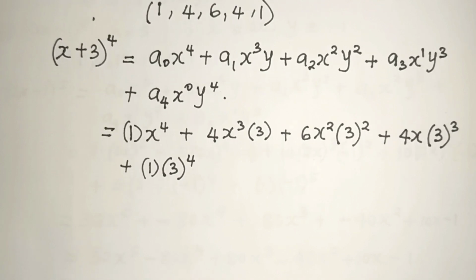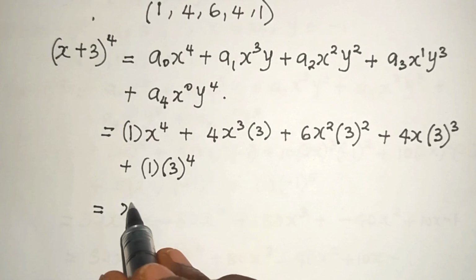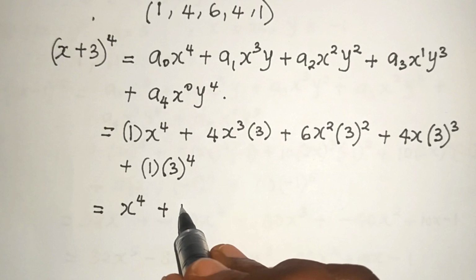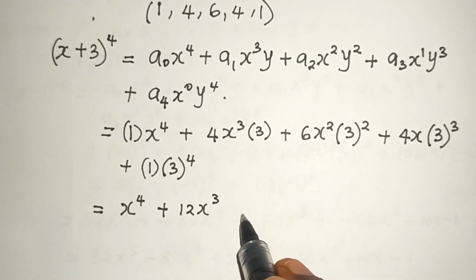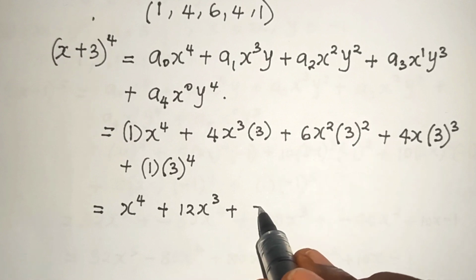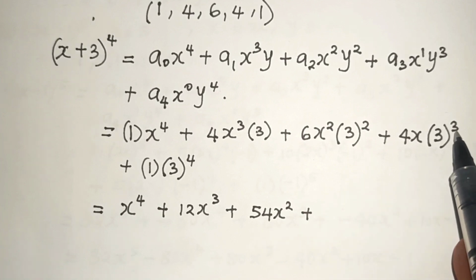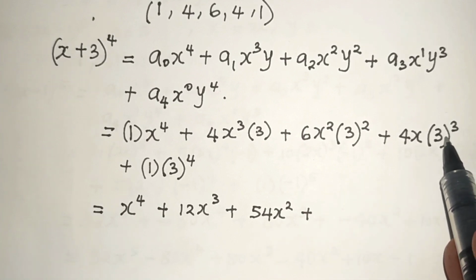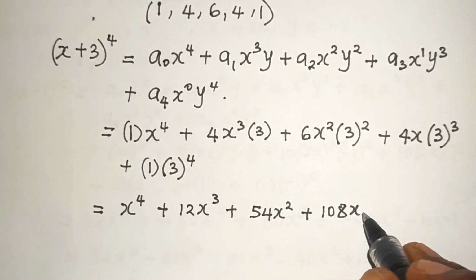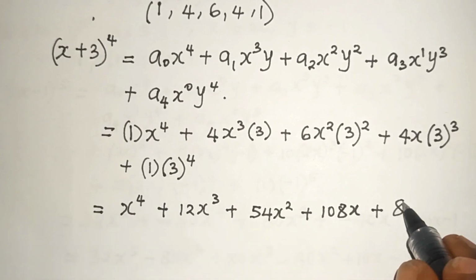So this will be equal to, here we have x^4, plus 12x^3, plus, this is 9, 9 times 6 is 54, we have 54x^2, plus this one is 3 cubed, which is 27, 27 times 4 is 108, and the last term is 3 raised to the power 4, which is 81.